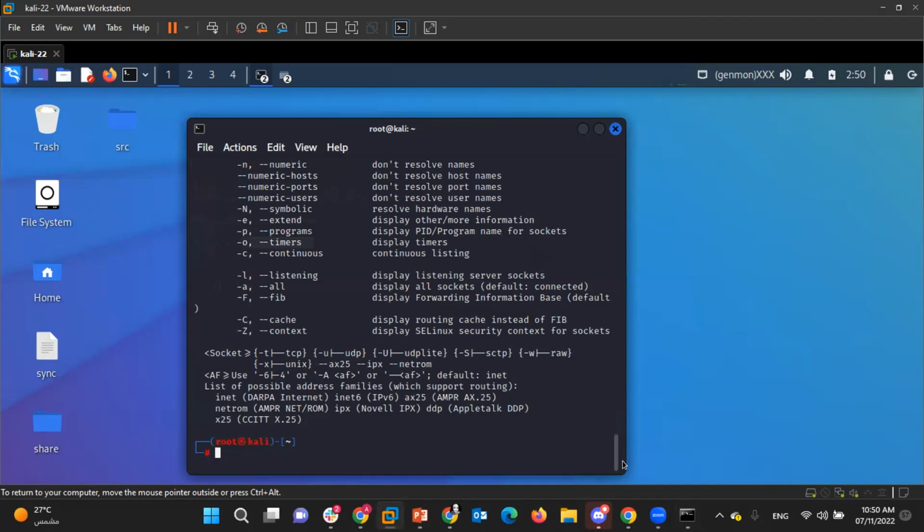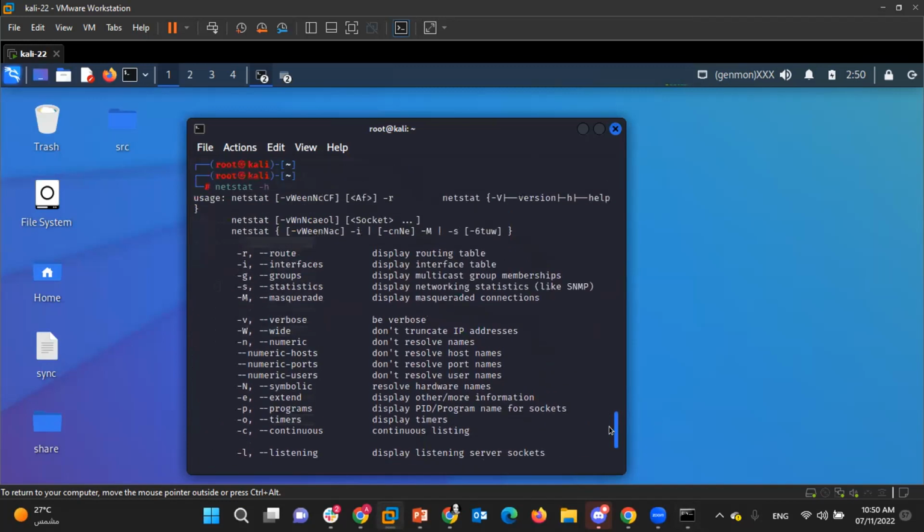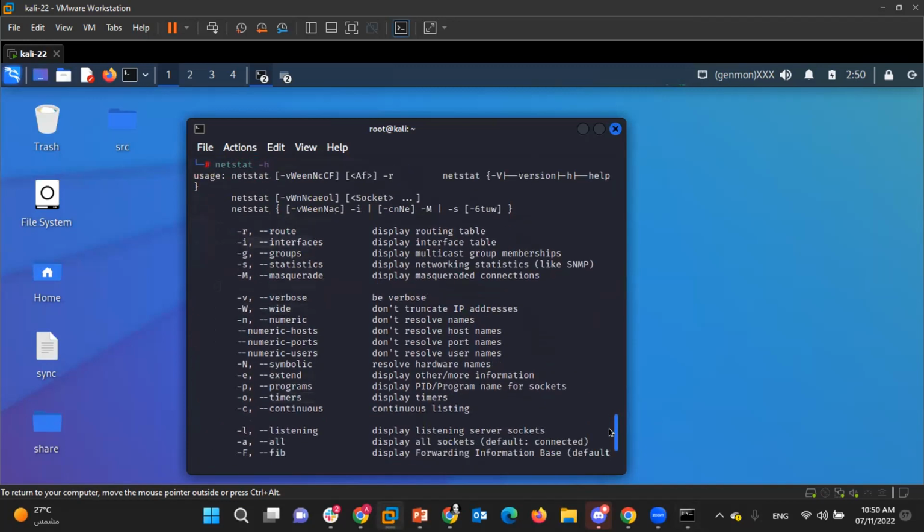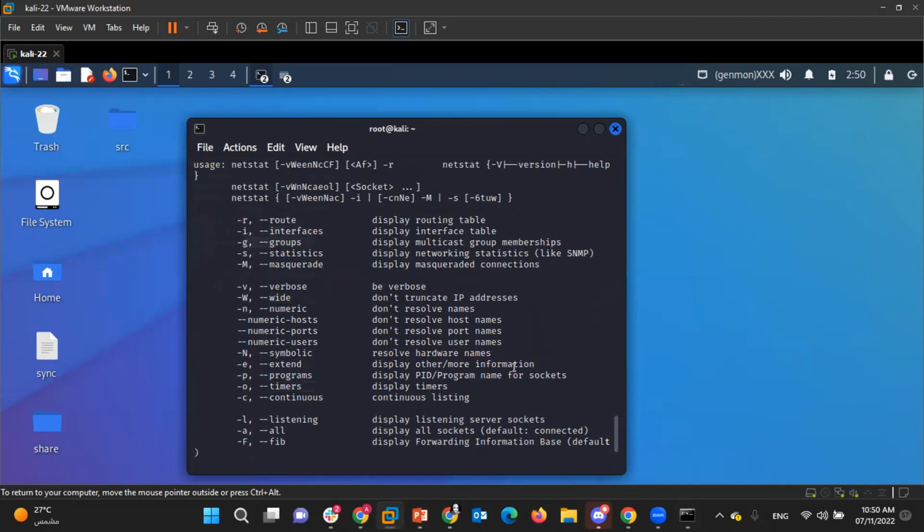To find the options for this service: -r route, -i interface, -g group, -s statistics, -M masquerade, verbose, wide, numeric, all of these we have no need.